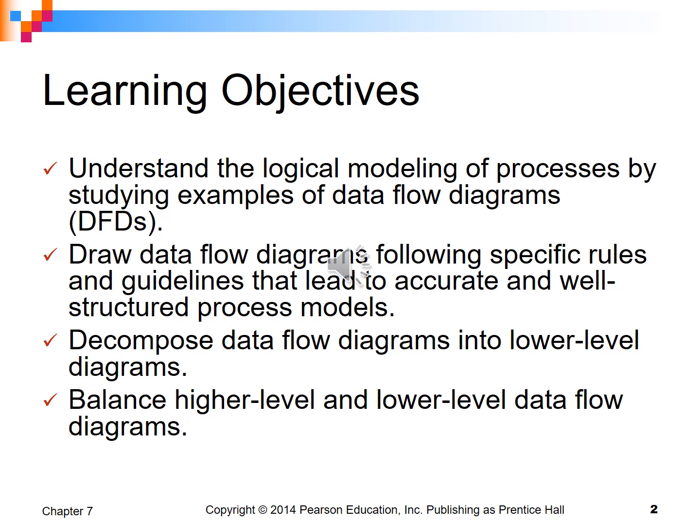And draw data flow diagrams following specific rules. There are symbols, notation and rules for that, so we have to understand the alphabet we use here, the components of the data flow diagram. There are four symbols. One is the square, which is a source or sink. One is the rectangle, which represents a database or file.